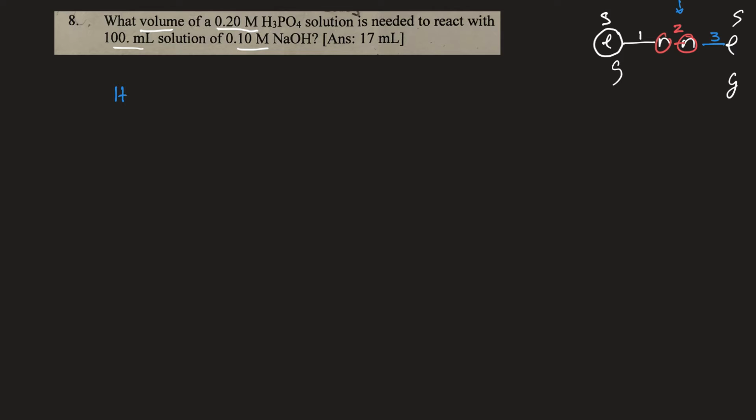So I have phosphoric acid reacts with sodium hydroxide, aqueous, yields. Now it's a double replacement reaction, so this is a positive ion, and this one is a 3 negative.